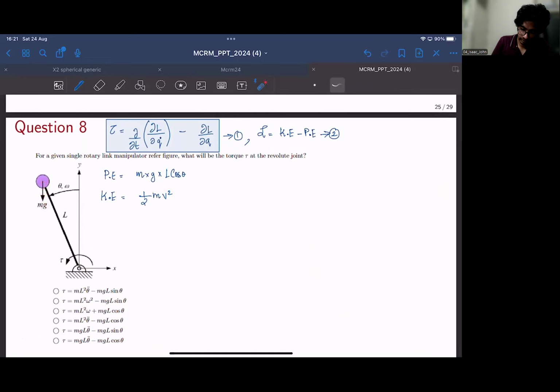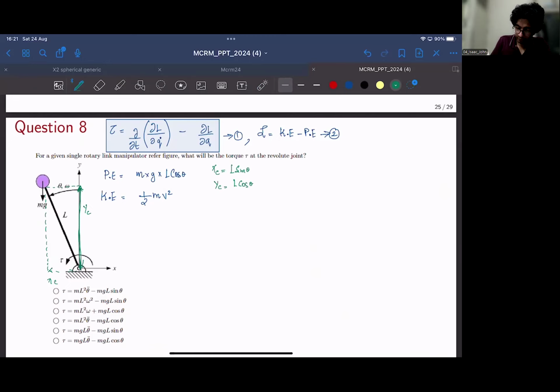If this distance is xc, and this distance over here is yc, you can write xc to be L sine theta and yc to be L cos theta.